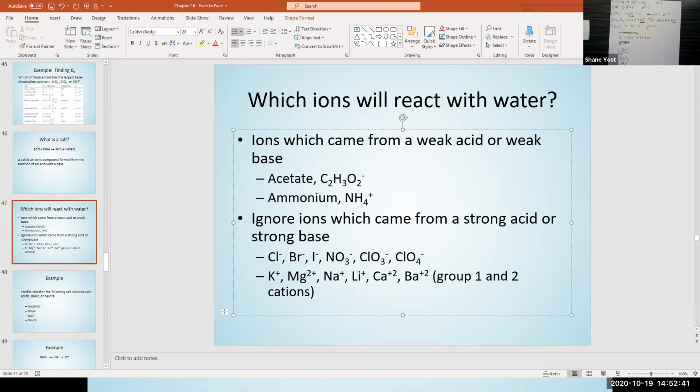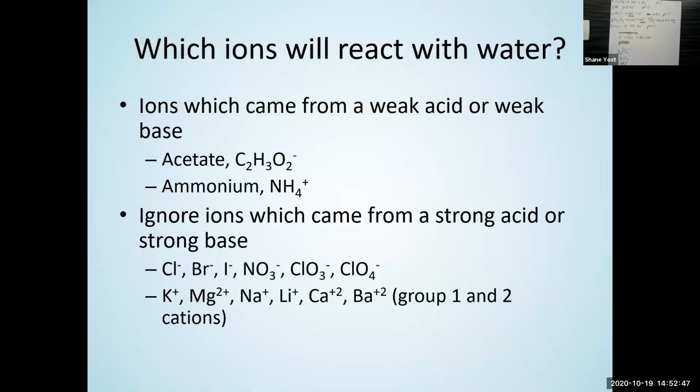These are your list of cations and ions that don't impact the pH, right? Those group 1, group 2 ions, essentially the cations. And then your anions, Cl minus, Br minus, I minus, NO3 minus. Those are it. Any anion that isn't one of these is going to impact the pH in some way, basically.